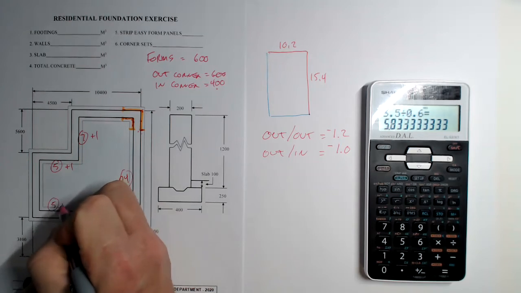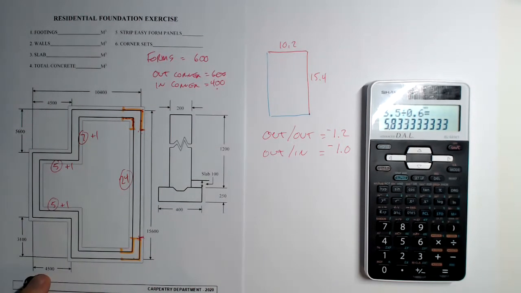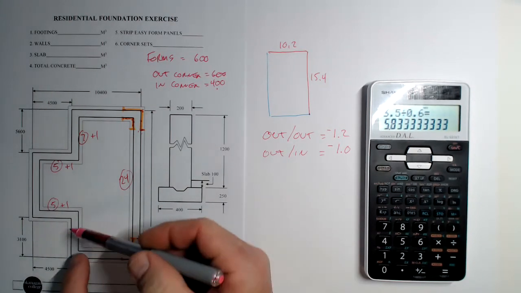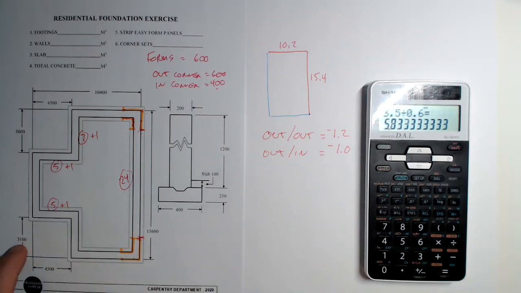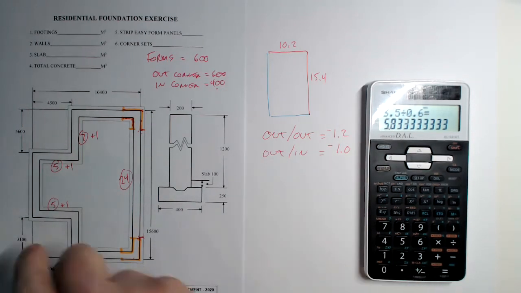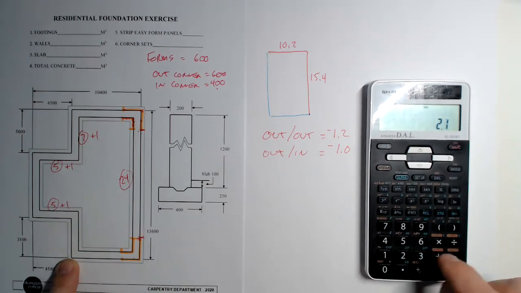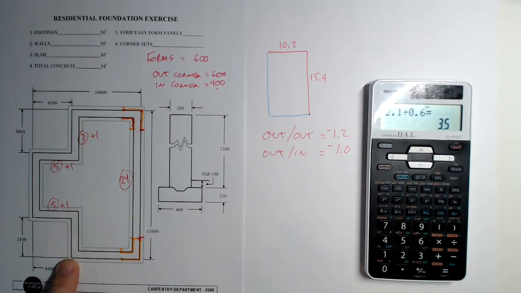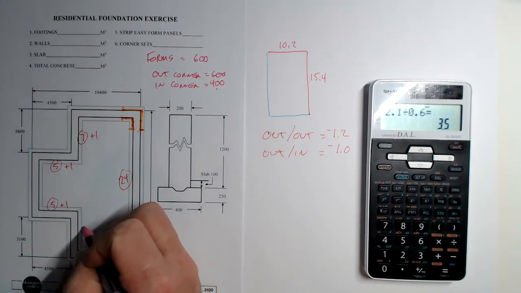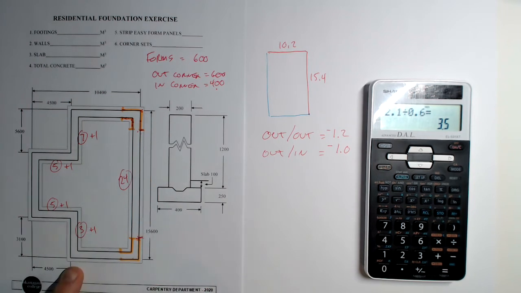It'll be 5 panels plus 1 filler. Let's now do this jog, which is 3.1. Inside to outside corner, we minus 1, which leaves a 2.1 distance. Divide that by the panel size of 0.6 is 3.5 panels, or 3 full panels plus 1 filler.